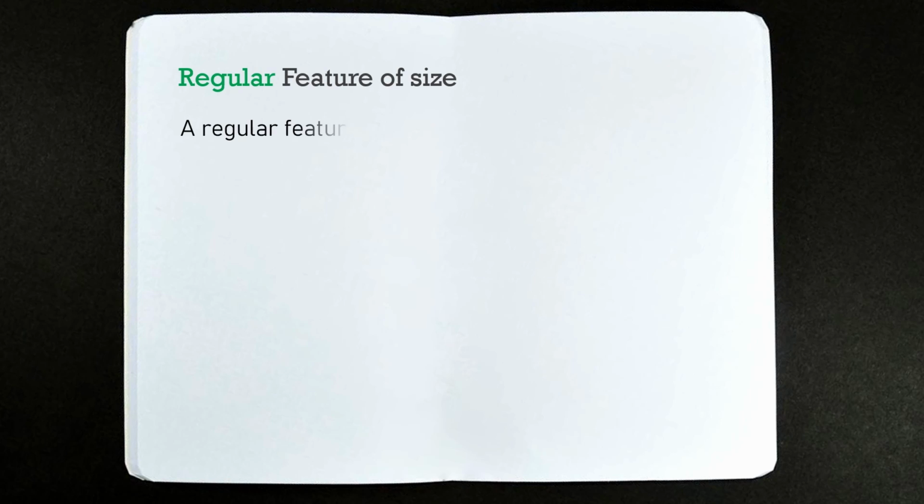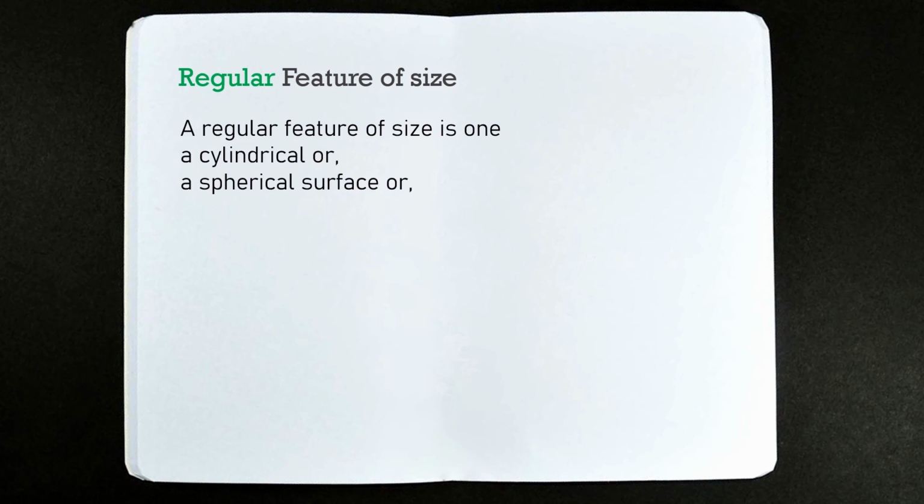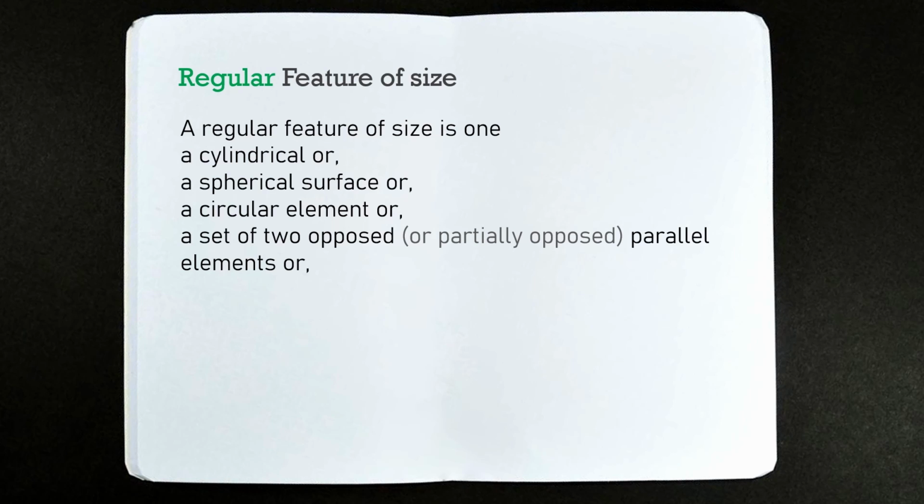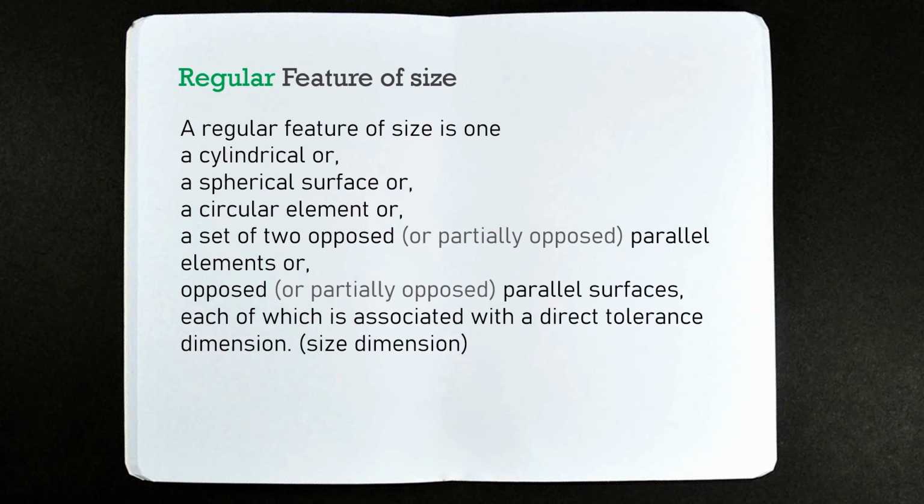A regular feature of size is one cylindrical or spherical surface, or a circular element, or a set of two opposed or partially opposed parallel elements, or opposed or partially opposed parallel surfaces, each of which is associated with a direct tolerance dimension, a size dimension. So let's decode it.